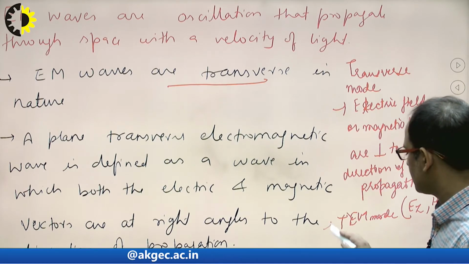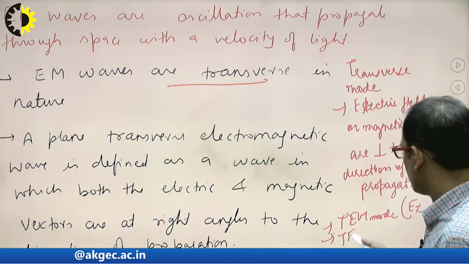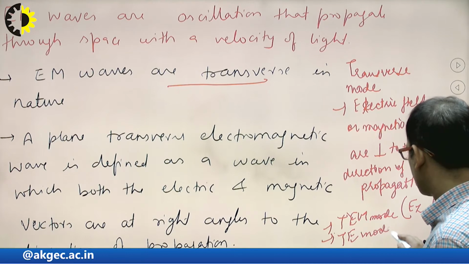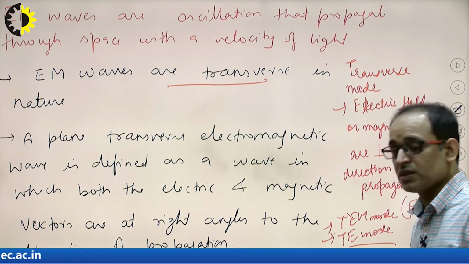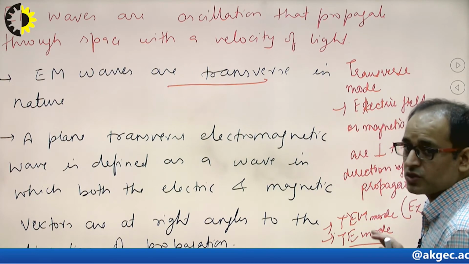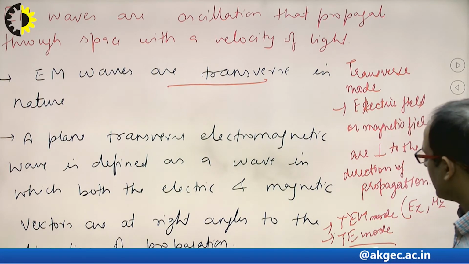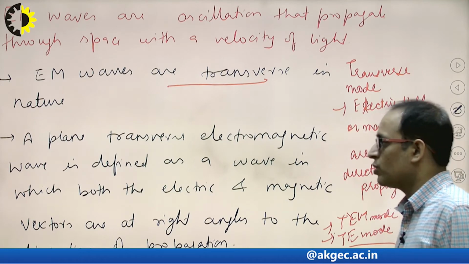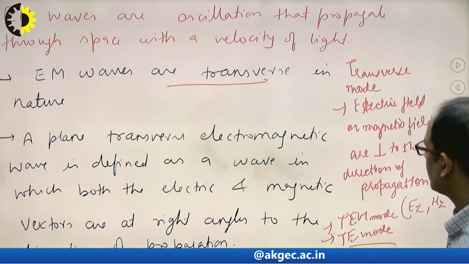Another way is the TE mode, in which the electric field is perpendicular to the direction of propagation, and the electric field is not in the direction of propagation. And similarly the TM mode is vice versa of the TE mode.